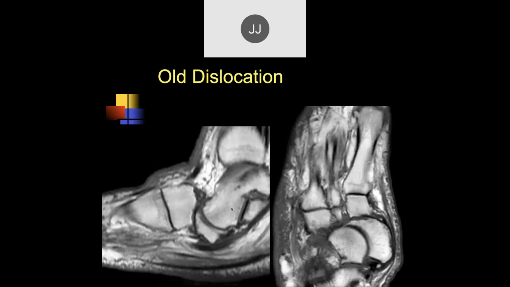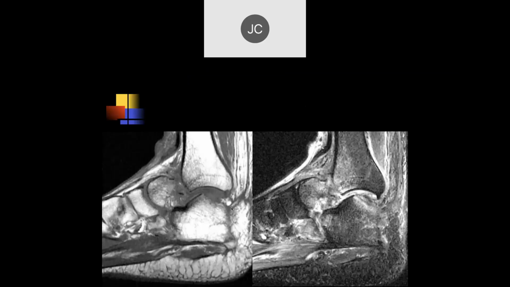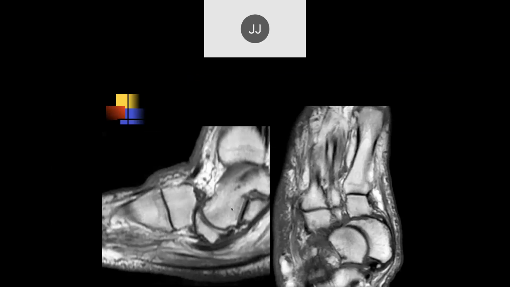Right. This was acquired, and I don't remember the details of this. I think the patient just didn't present for medical care until it was really late in the game. It's hard to tell, John, whether this could have been a vertical talus problem, but we don't see any signs of fractures anywhere.